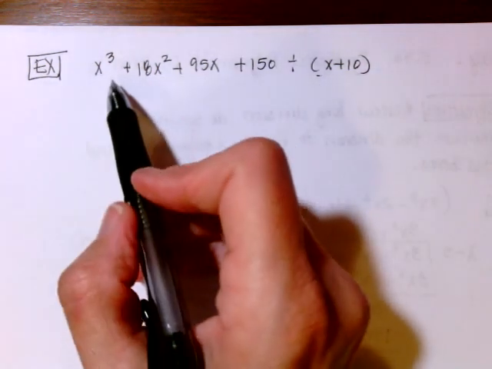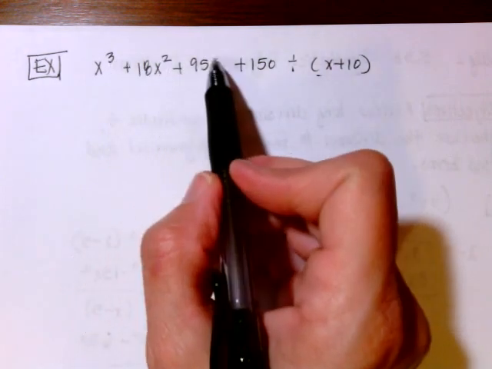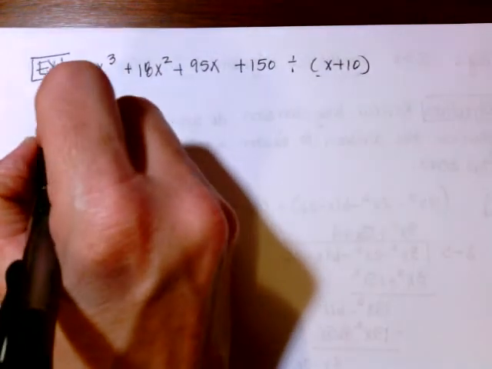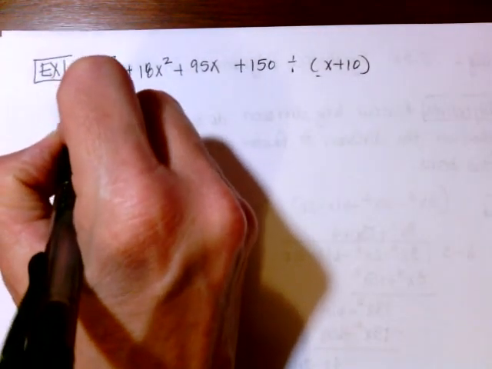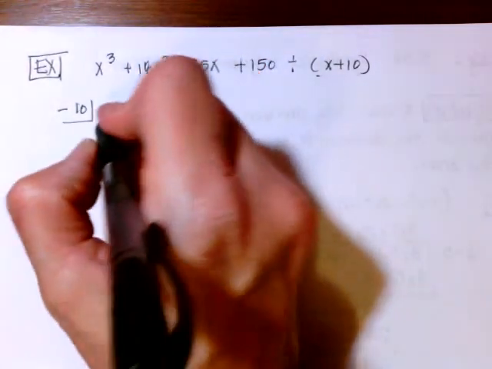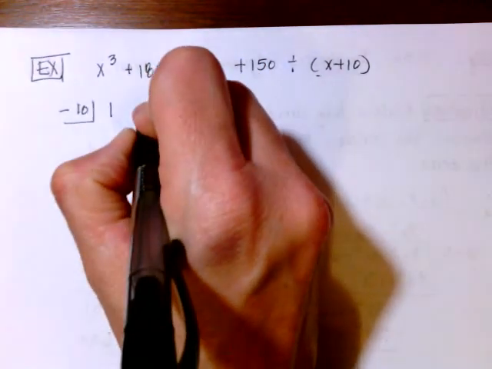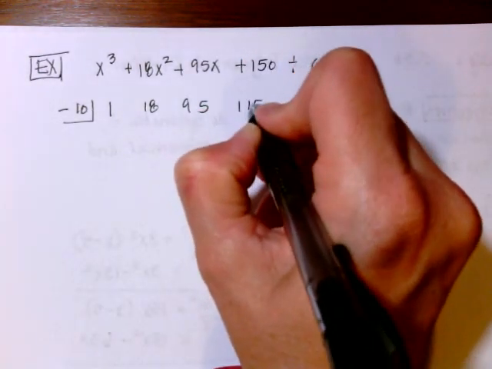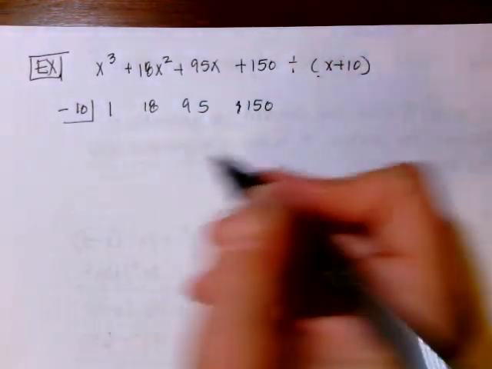If I look at my expression, I have third, second, first, 0, so I don't need any placeholders. So if the factor is x plus 10, that means that the 0 is a -10, and I'm going to divide a 1, 18, 95, 150.